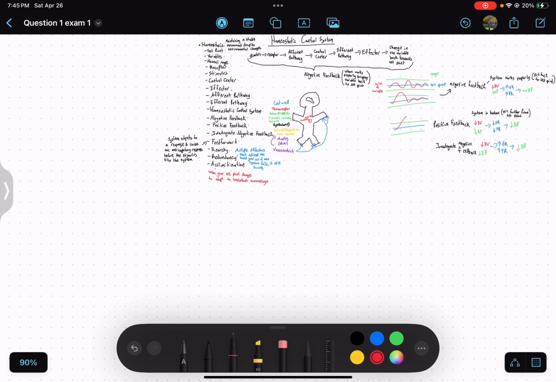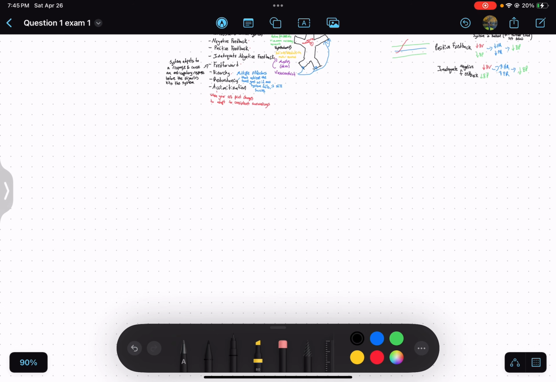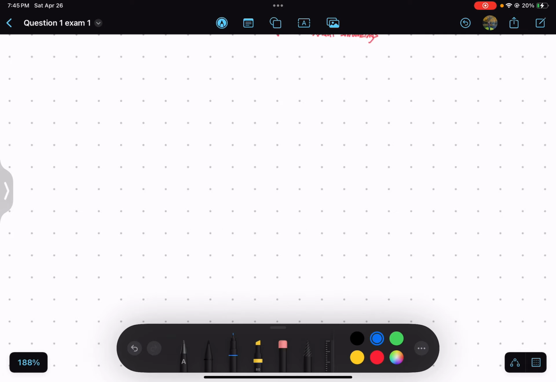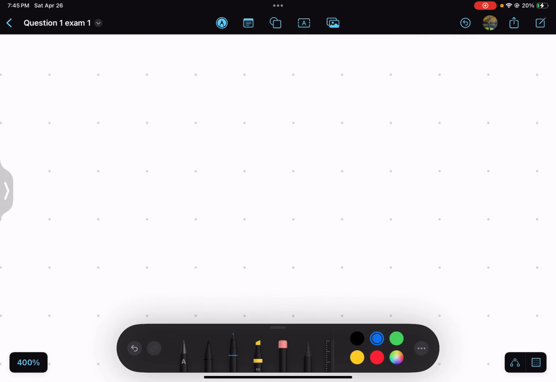Next, we're going to move on to different transporters. Let me make this one blue. So we're going to talk about 3 different types of protein-mediated transports. And I'm going to write down a list of words that I'm going to touch on throughout it.